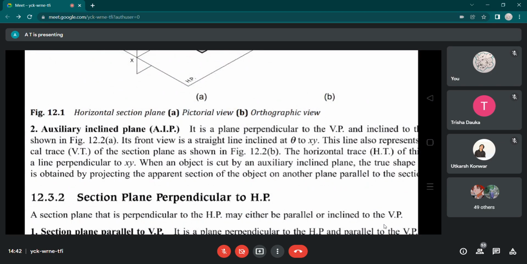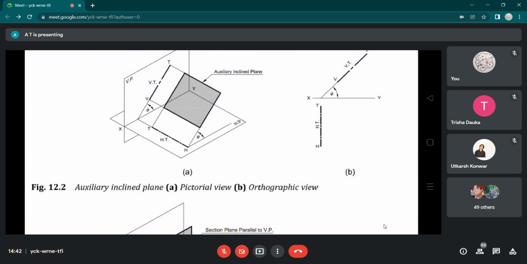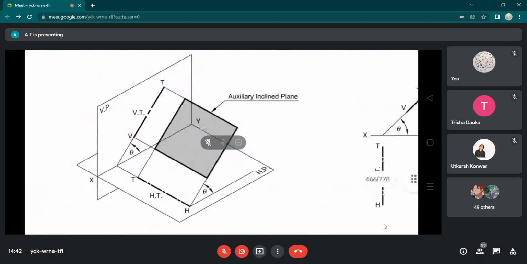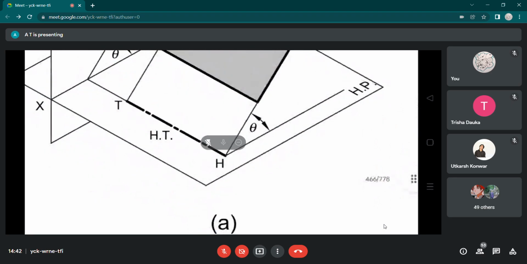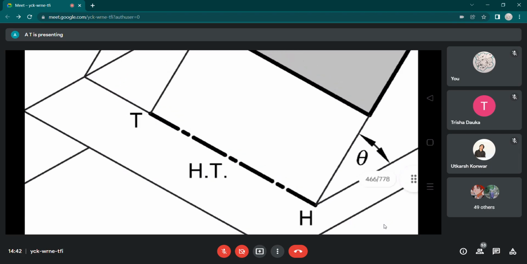So the horizontal trace, I am trying to focus it, this HT is a line on the HP, basically described on the horizontal plane.